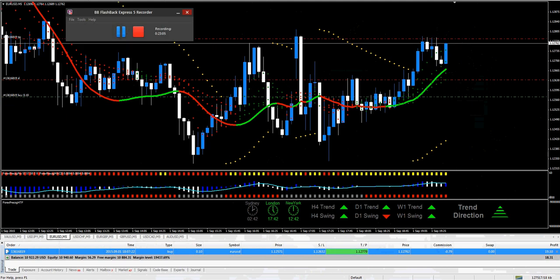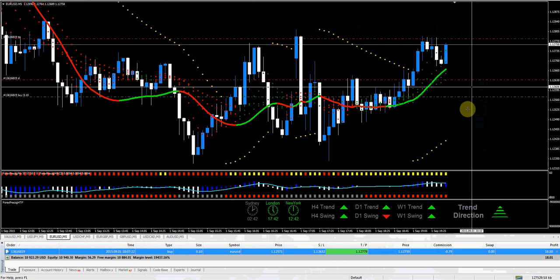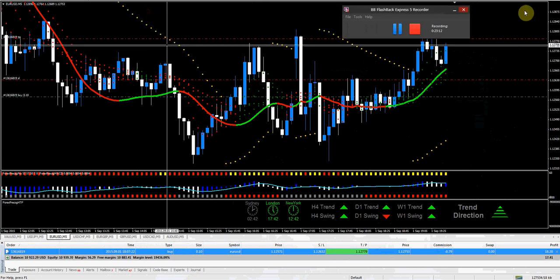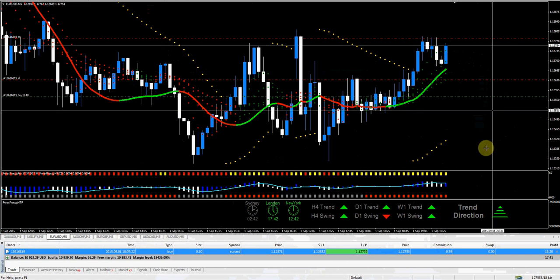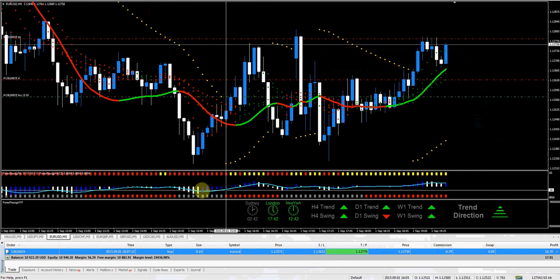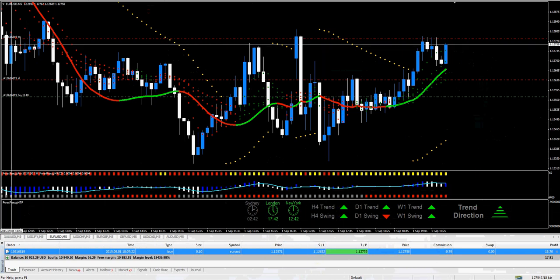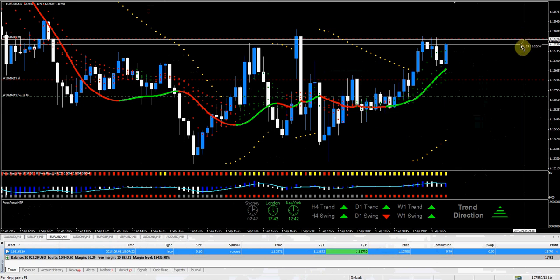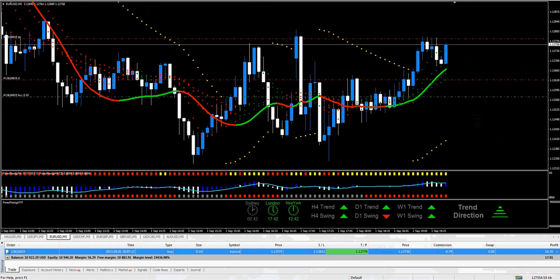Alright guys, as you can see, we're pushing up again to our take profit level. We're going to wait and see if the market decides to go ahead and bust through here now. Have about 2 pips to go. And again, our first order that we had was $210 in profit.